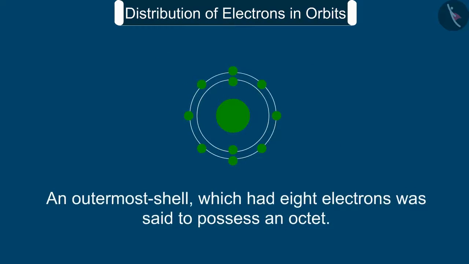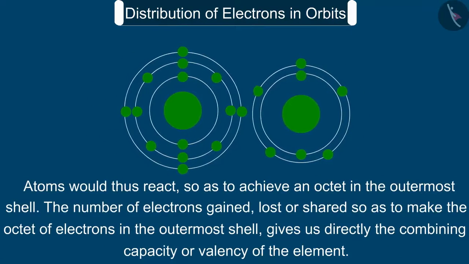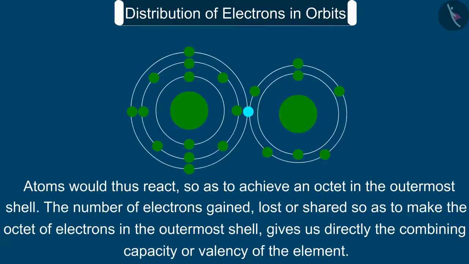An outermost shell which had 8 electrons was said to possess an octet. Atoms would thus react so as to achieve an octet in the outermost shell.